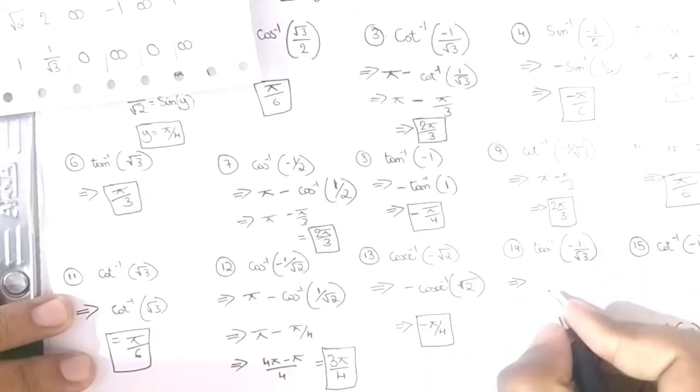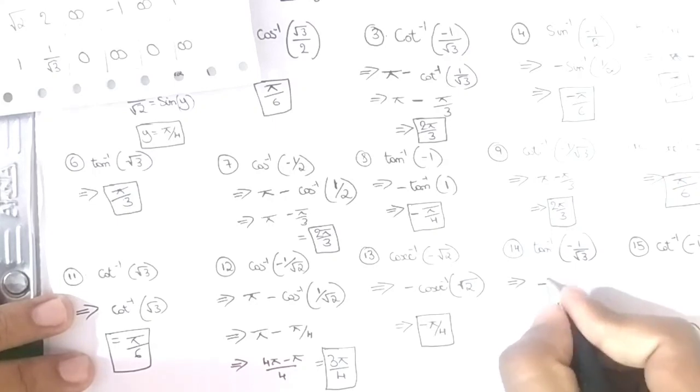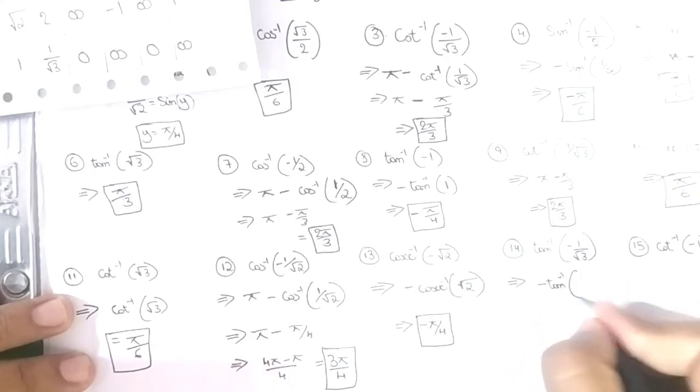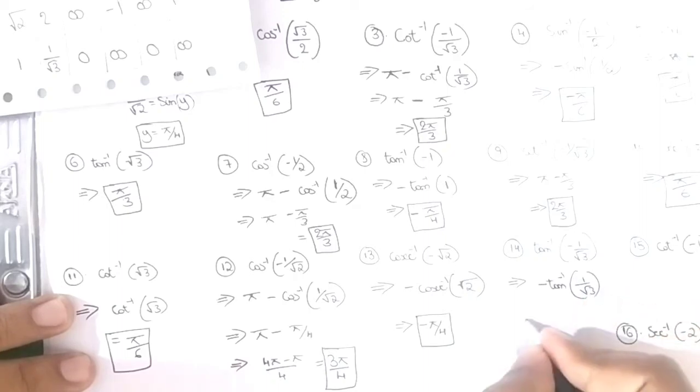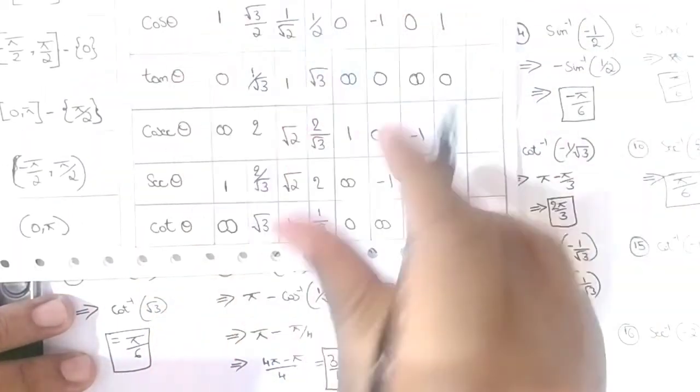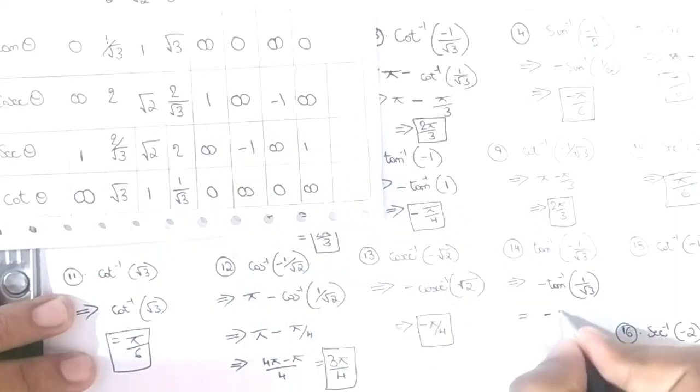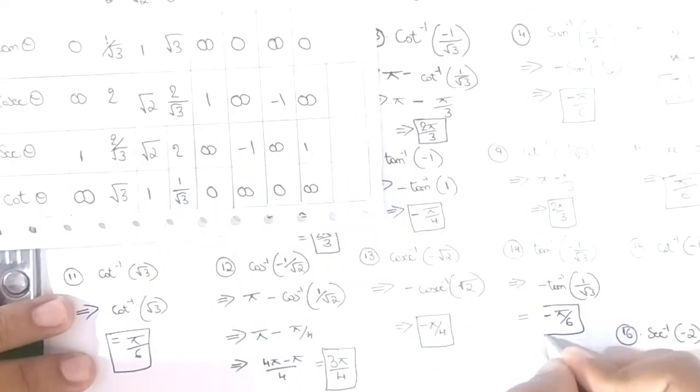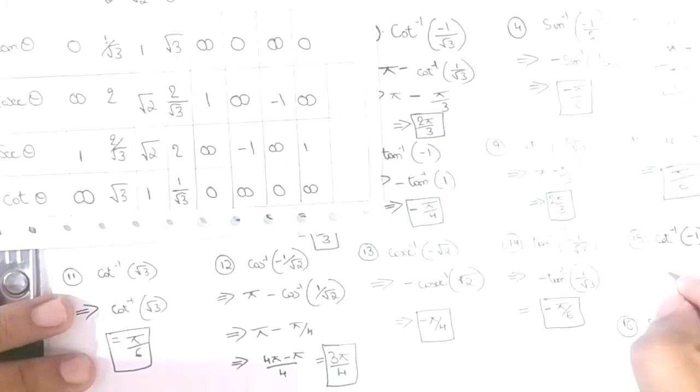Tan inverse of minus 1 by root 3 is minus tan inverse of 1 by root 3, and tan inverse of 1 by root 3 corresponds to pi by 6, so minus pi by 6. Simple one. Cot inverse of minus 1, for a negative number for cot we need pi minus cot inverse of 1.